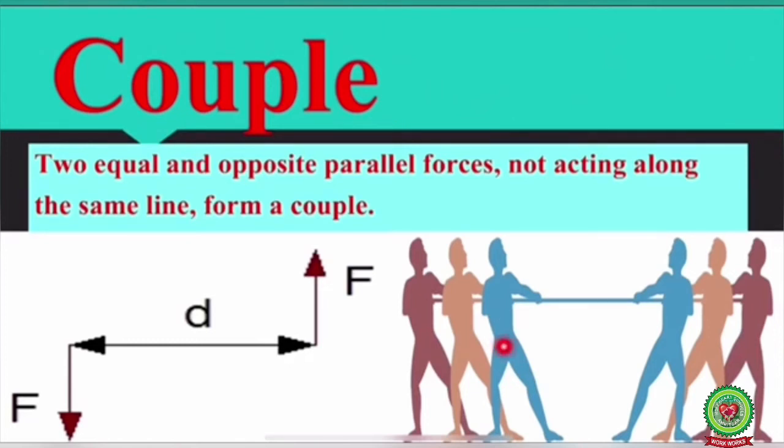Here, equal and opposite forces are applied but on the same line of action, so there will be no result. No body will rotate. No turning effect will be produced. In fact, two equal and opposite forces will balance each other. They will cancel each other because they are acting along the same line of action, and there will be no net force acting on the body.